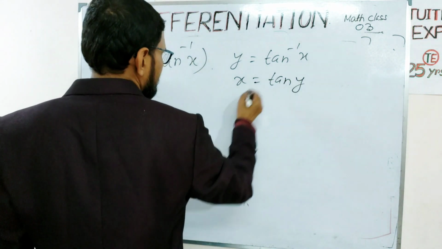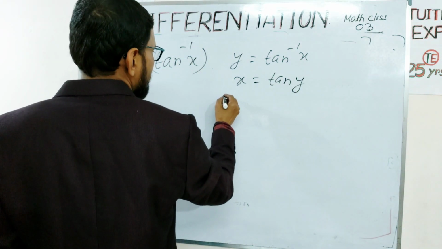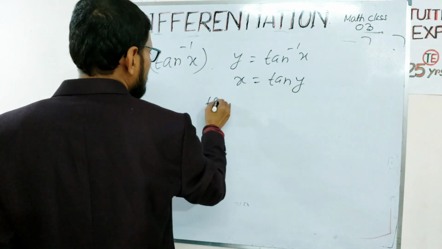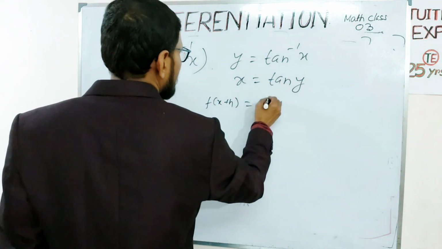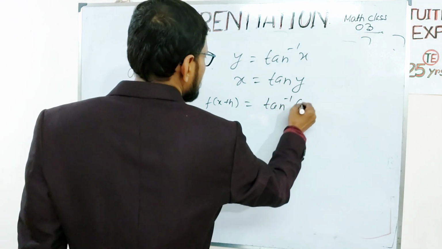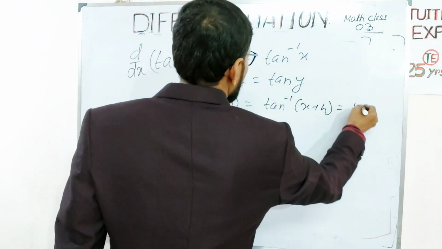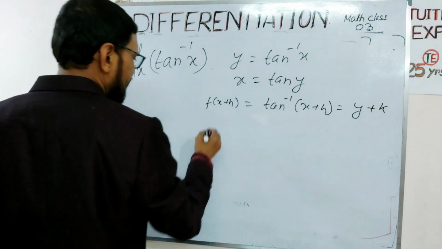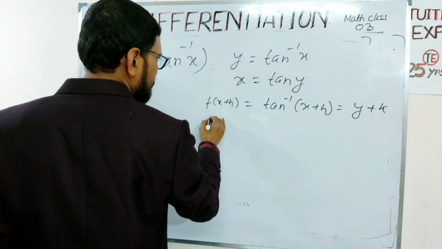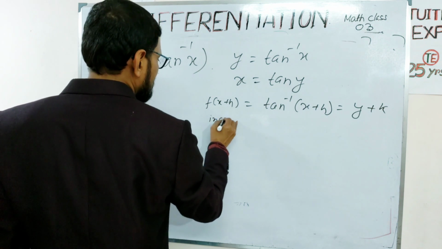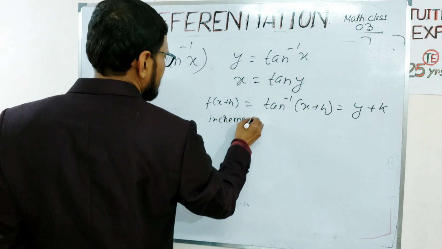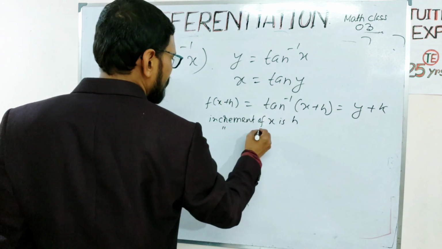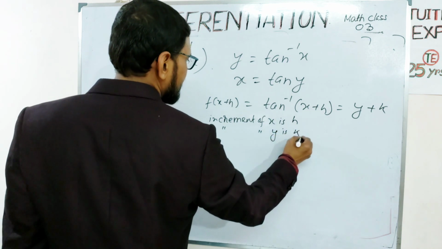Now x is increased to x plus h. So if x is increased to x plus h, that is f of x plus h equal to tan inverse of x plus h, which is y plus k. That is, if increment of x is h, then increment of y is k.